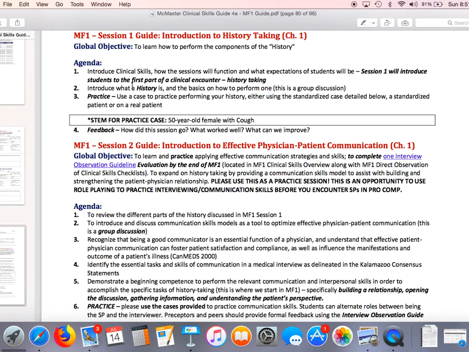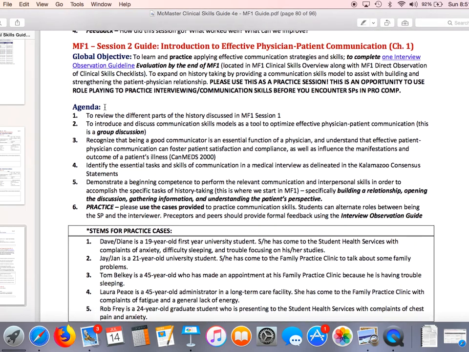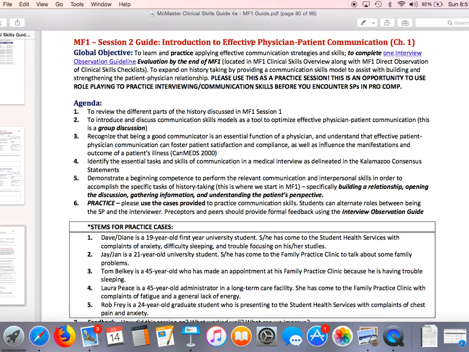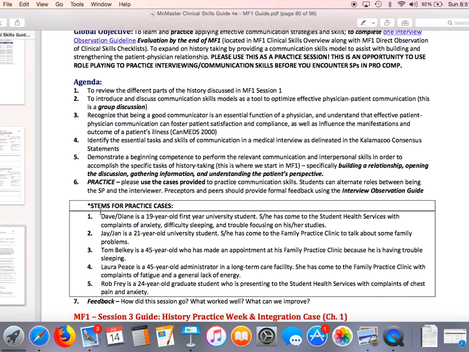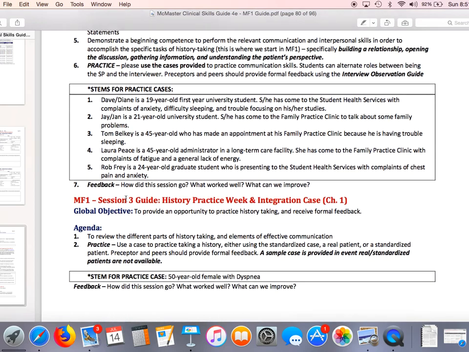It's actually really simple: introducing what a history is, doing a little bit of practice. Then session 2, introduction to effective physician-patient communication, again gives you the global objectives, an agenda of what to do and how to practice, and some stems you can use with your students to practice.